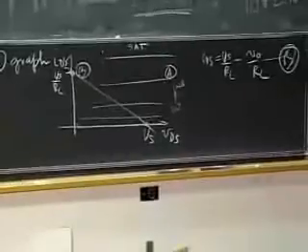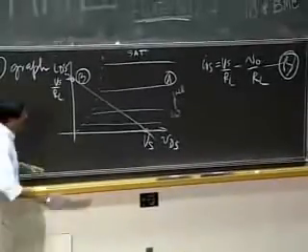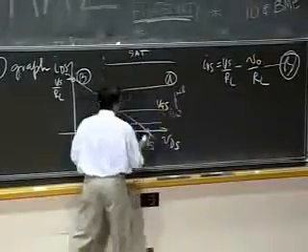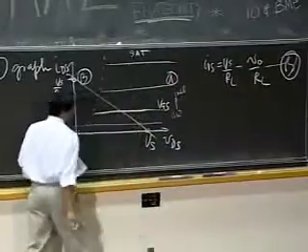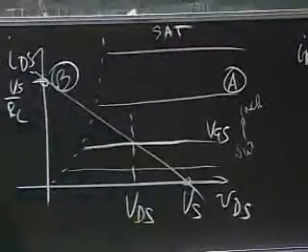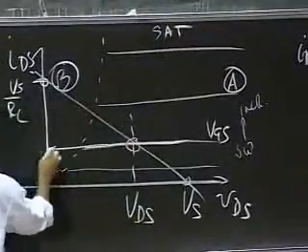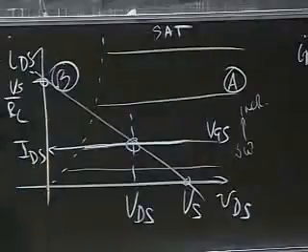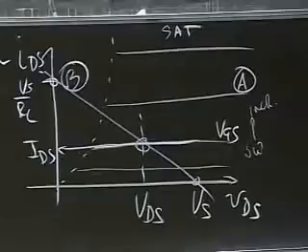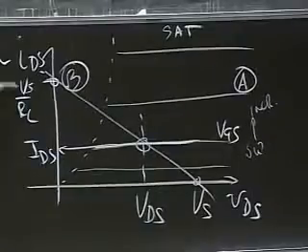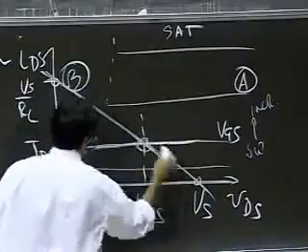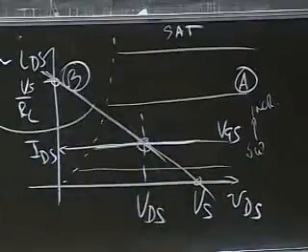As before, we just find the point where the two intersect. Let's say I'm given some value of VGS and a known value of VDS. For that, I can find the corresponding value of IDS from this graph. Just as I told you before, this line is called a load line.